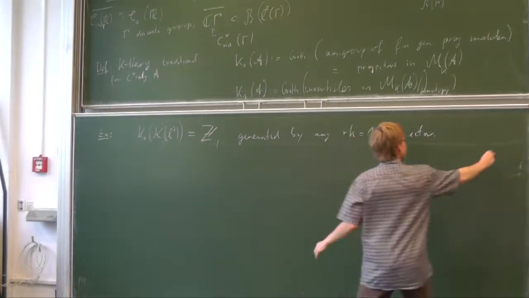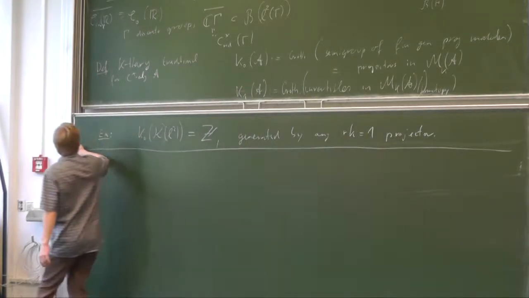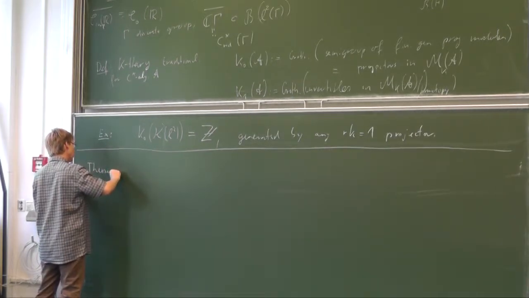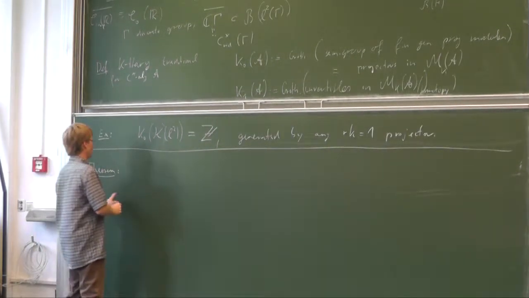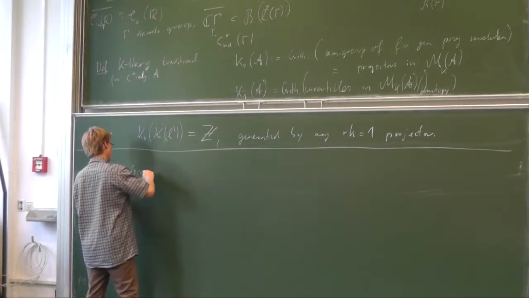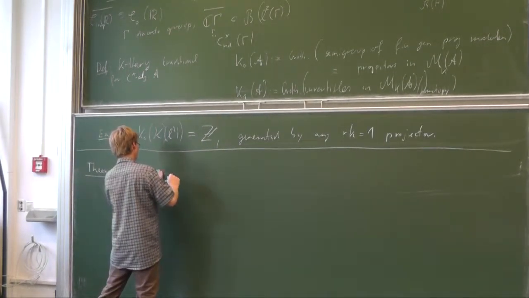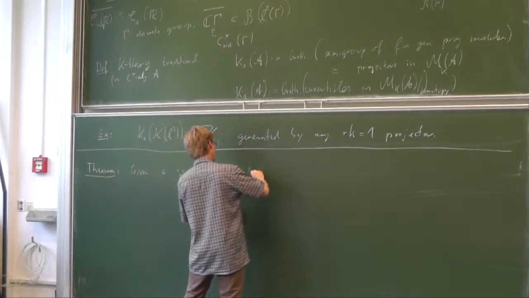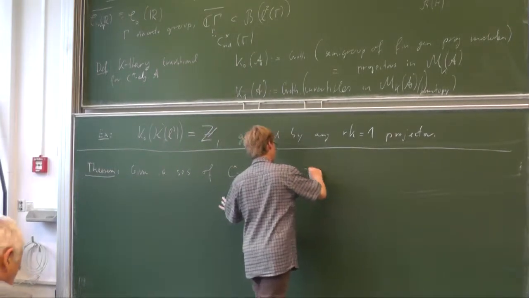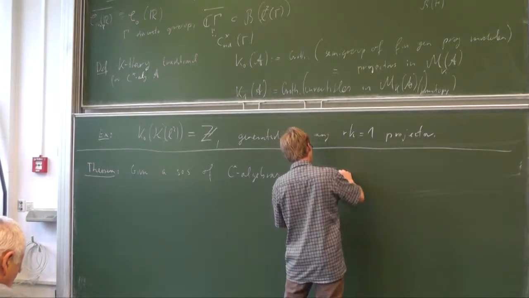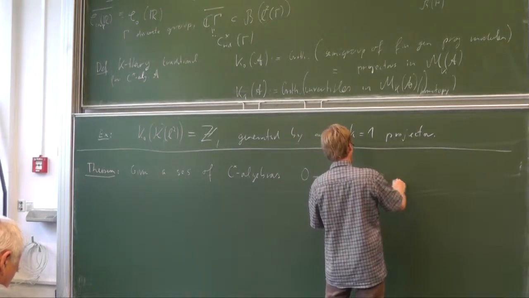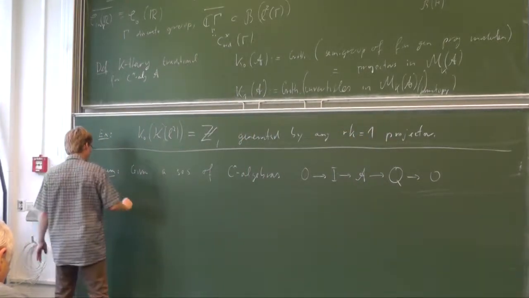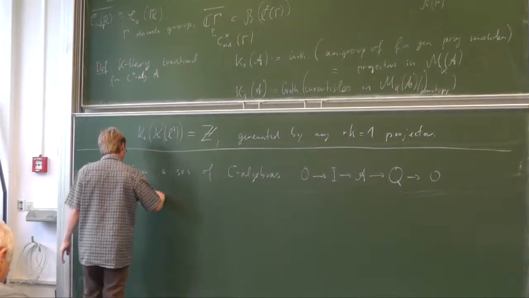And now we write down one of the big facts, which is highly non-trivial to write, which is: given a short exact sequence of C-star algebras, so we have, as in the case before, an ideal in a C-star algebra A, and there's a quotient C-star algebra Q, then we get a long exact sequence of K groups.